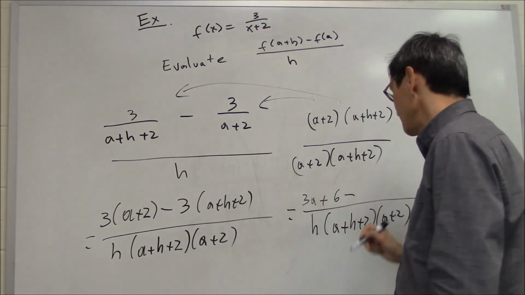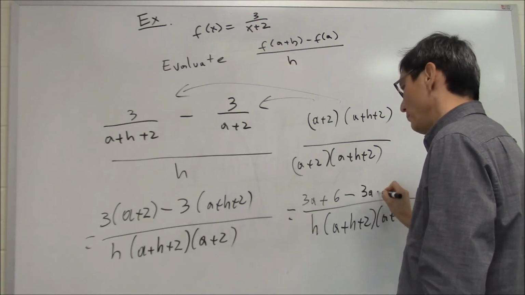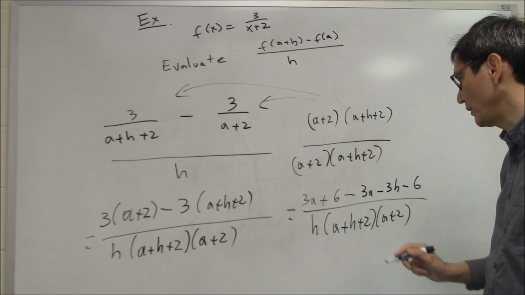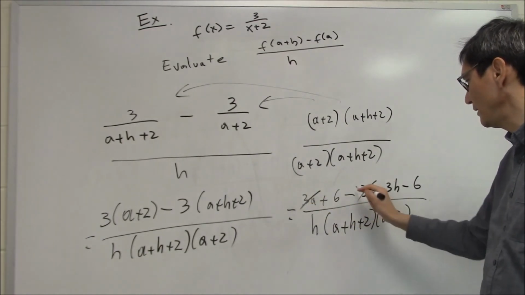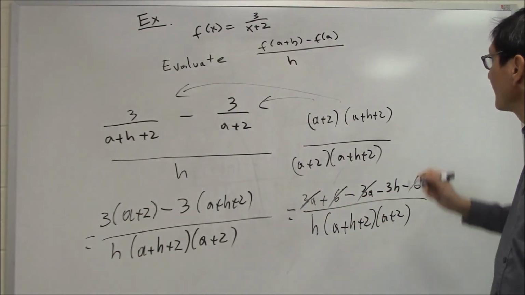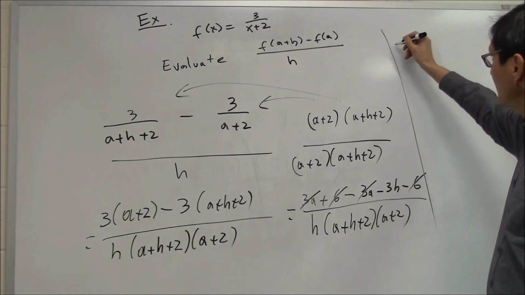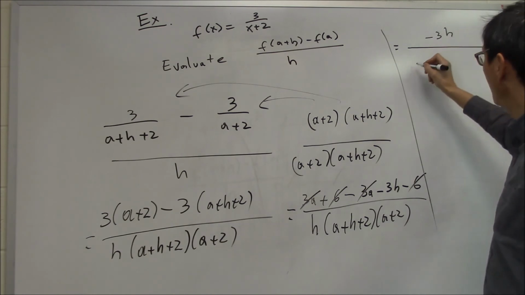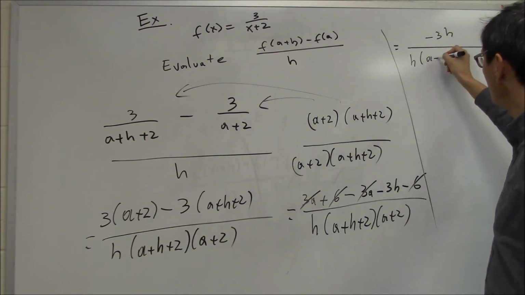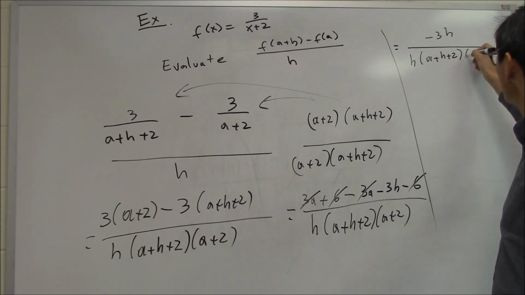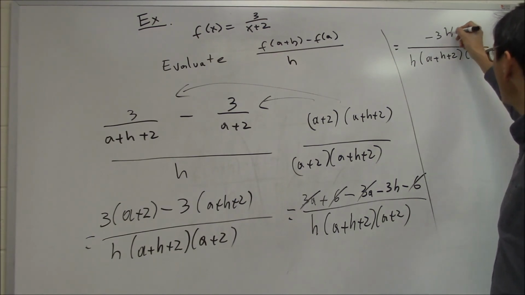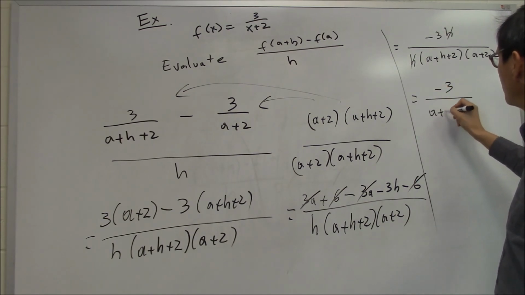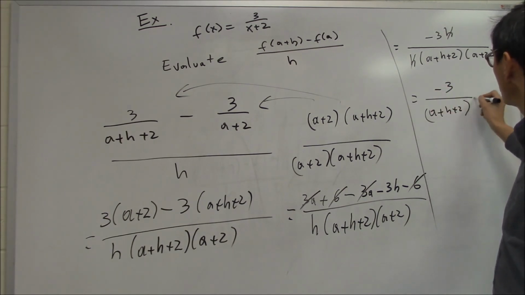I'm going to distribute minus 3: minus 3a minus 3h minus 6. Then I'm going to combine like terms: 3a minus 3a, 6 minus 6. So what I've got finally is on top minus 3h over h times a plus h plus 2 times a plus 2. H cancels out, so the final answer is negative 3 over a plus h plus 2 times a plus 2.